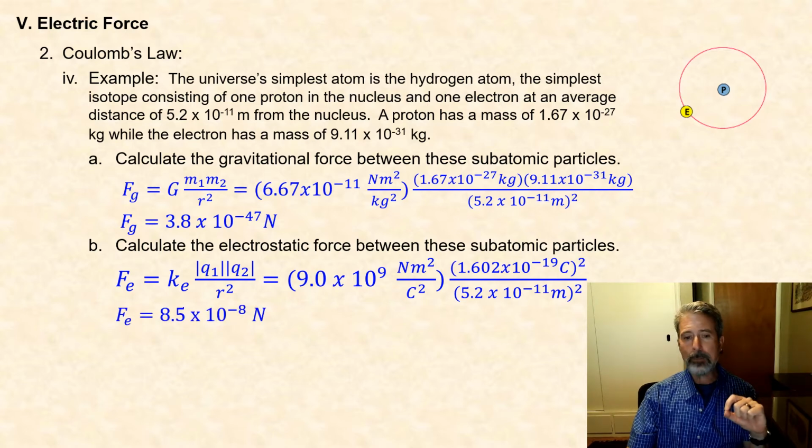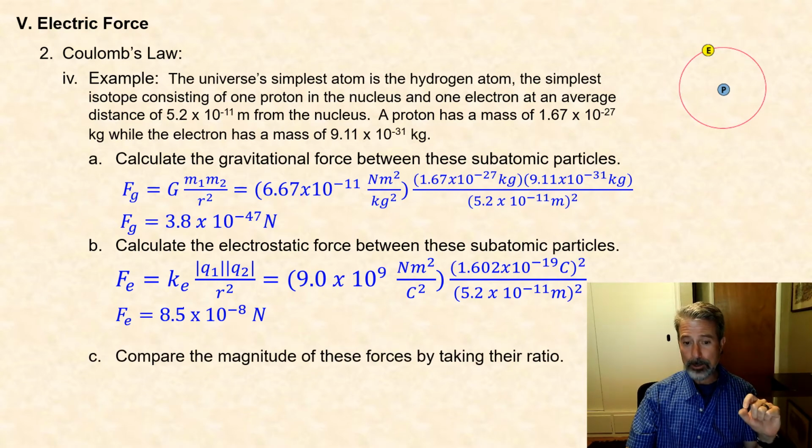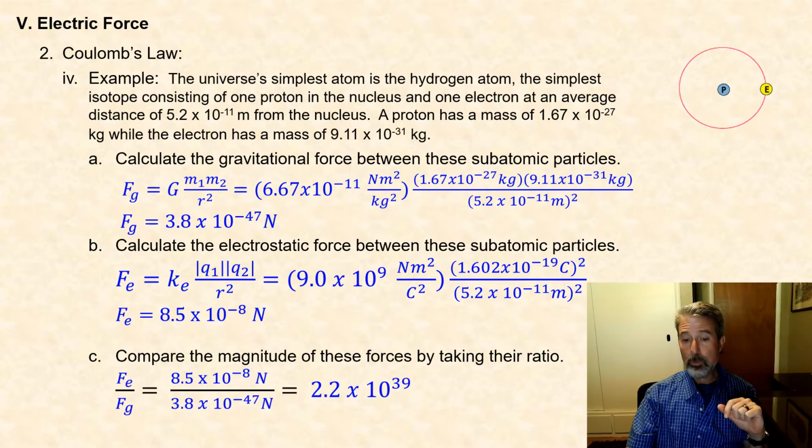When we do that, we come out with an electrostatic force that's not particularly big, 0.5 times 10 to the minus 8 newtons. Yet you notice that compared to the gravitational force, it is many orders of magnitude bigger. To actually make this comparison, let's take the ratio of these two forces. When we take the ratio, that is the electrostatic force divided by the gravitational force, we see this number that we alluded to previously, this 10 to the 39th power.